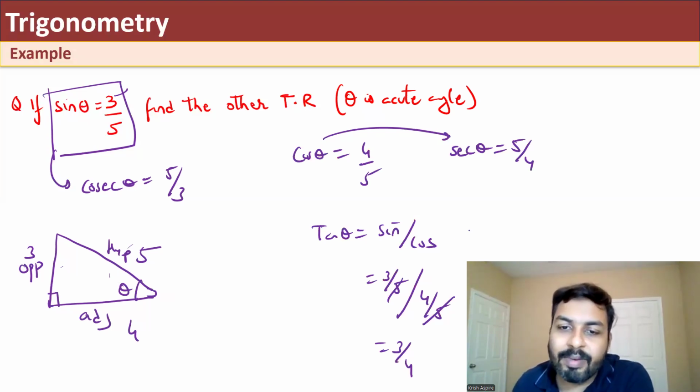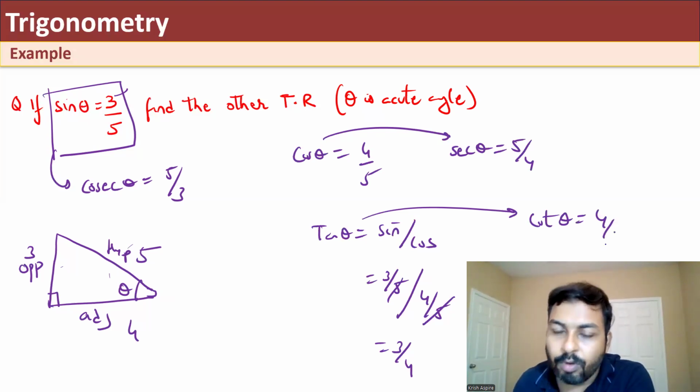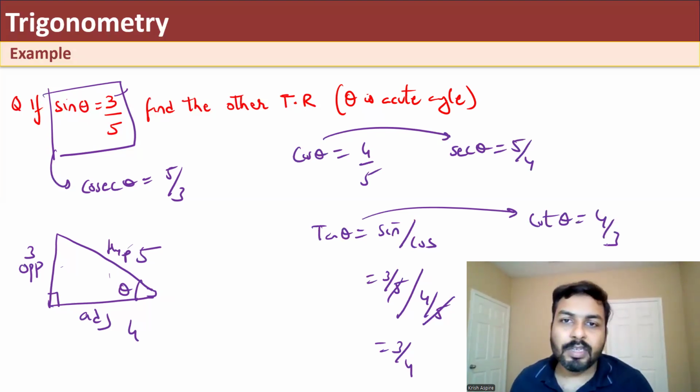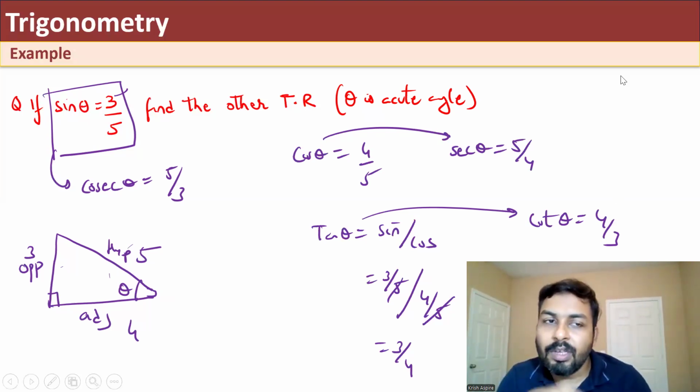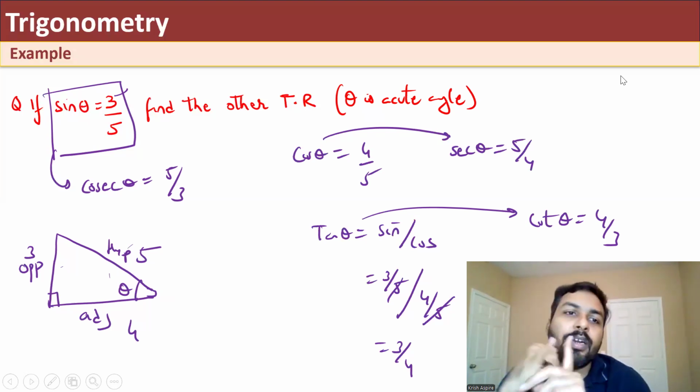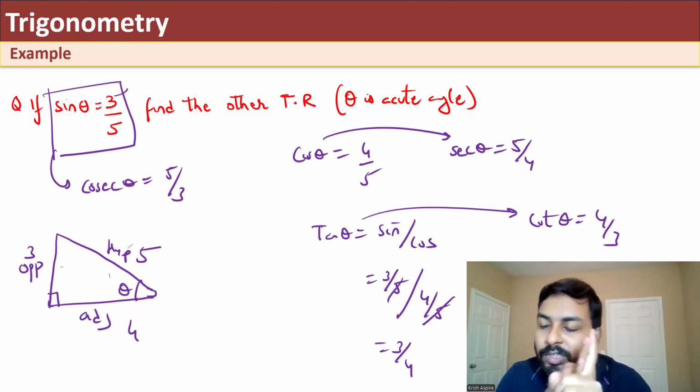So if tan theta is 3 by 4, its reciprocal cot theta is 4 by 3. So given a trigonometric ratio, we have seen how to find the other trigonometric ratios. I hope you're clear with what trigonometry means, what trigonometric ratios are, and what the 3 trigonometric identities are.